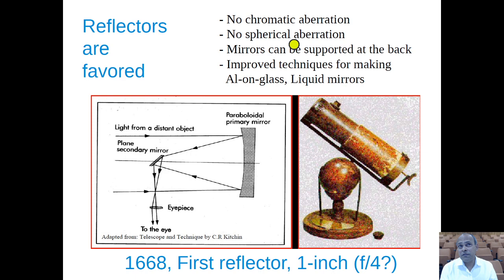Of course, this is a tube, the mirror is lying at the back, so it can be supported. And there are improved techniques for making these mirrors; aluminum, glass and liquid mirrors can be made. The first reflector was fabricated in 1668. You can see this is of 1 inch size.